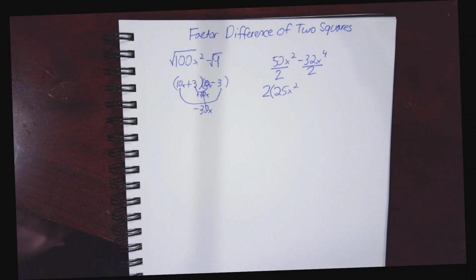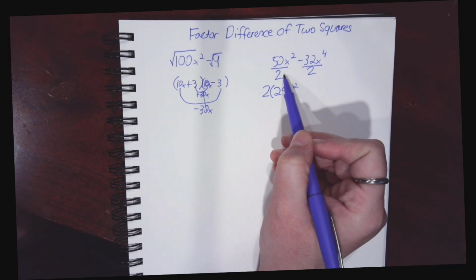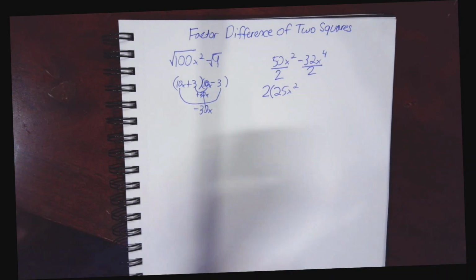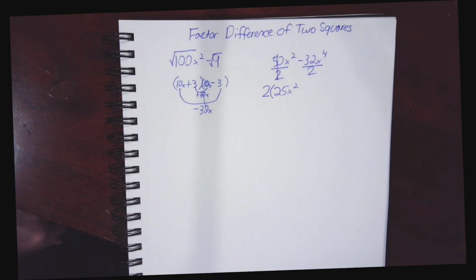They would change the exponent. I am not dividing by any exponent. If I had an x here, then we would change that. But because I'm just looking at the numbers here, it's only going to do the 50 divided by the 2. And you're going to leave x squared alone.